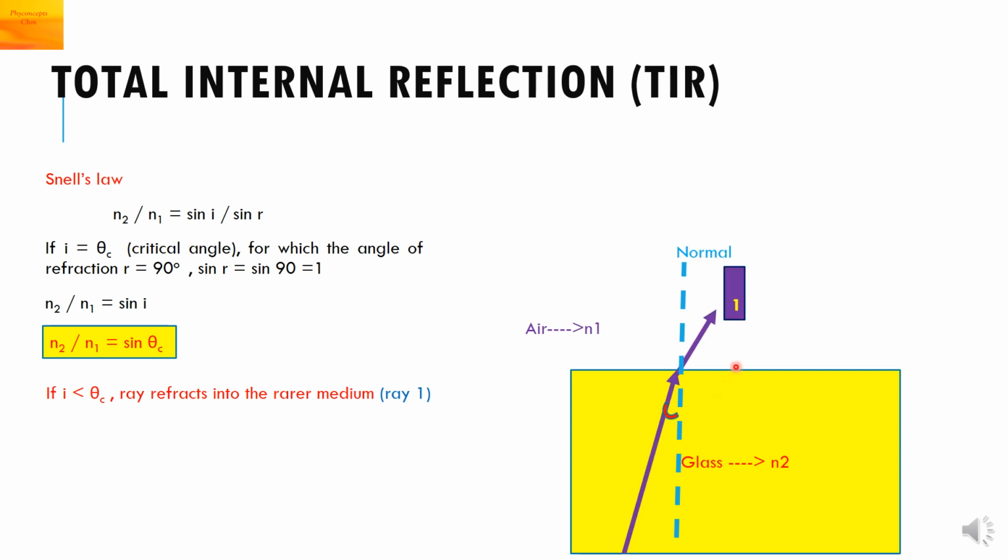Light is incident through the glass and it comes out into the air. So refraction takes place. This is ray 1. As you increase the angle of incidence, you can see the refracted ray is bending away from the normal.